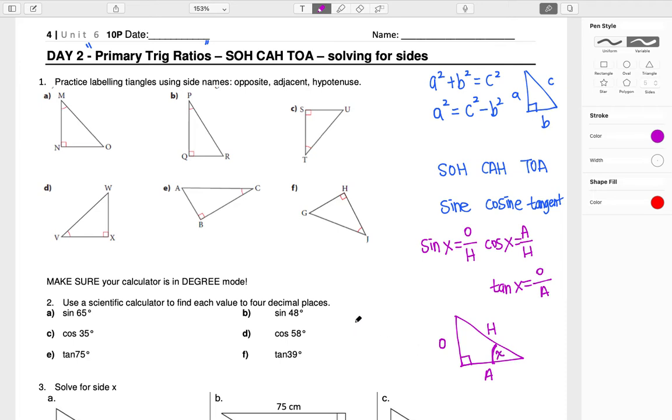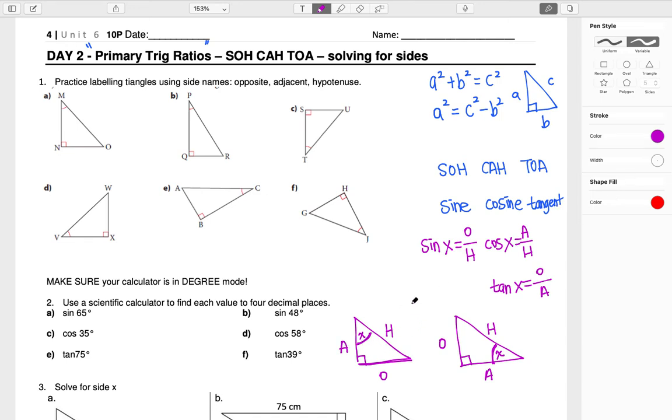Okay. Now, what if I were to have my starting angle over here? This is my starting angle. So that means my hypotenuse is always opposite from 90 degrees, it doesn't change. But this time you will notice that opposite is over here. This length is opposite from my starting angle. So therefore, this is opposite, and the length beside, touching it, will be adjacent.